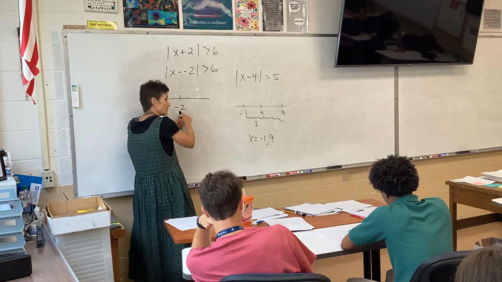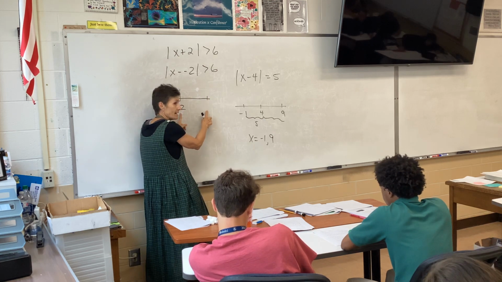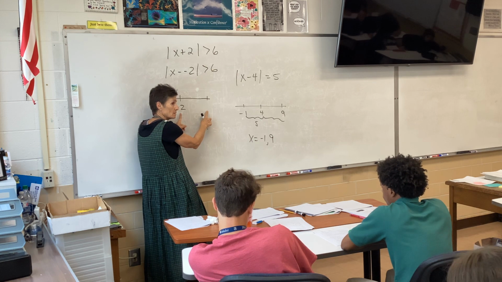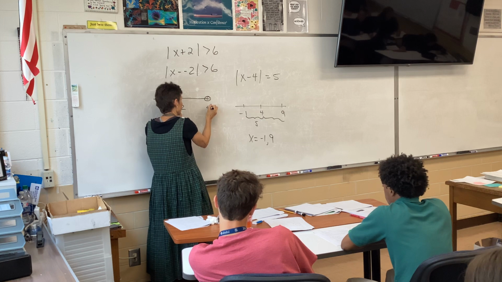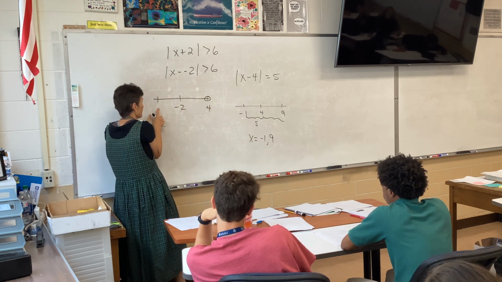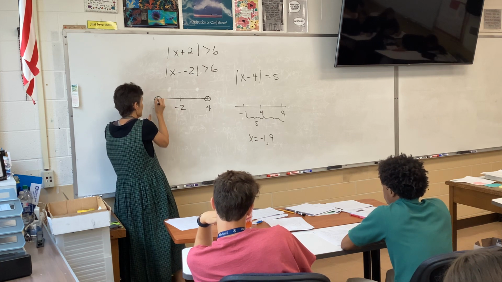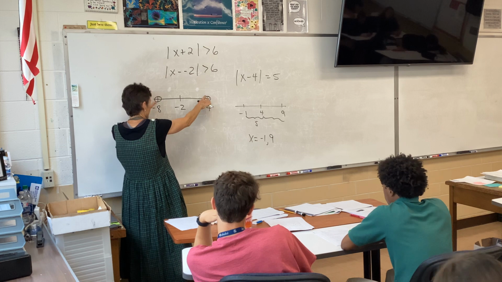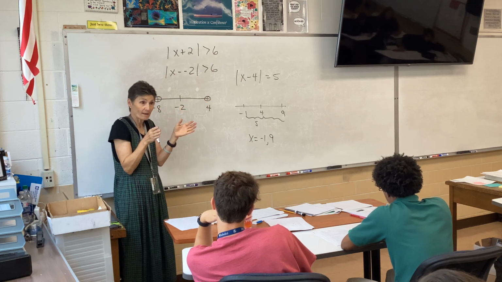So here's -2. If I go exactly 6 out this way, where would I be? 4. And if I go exactly 6 back this way, where would I be? -8. Now, these 2 points, the circled points, are exactly 6 away.